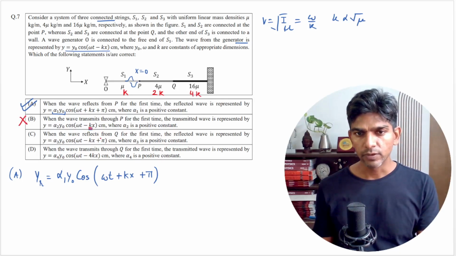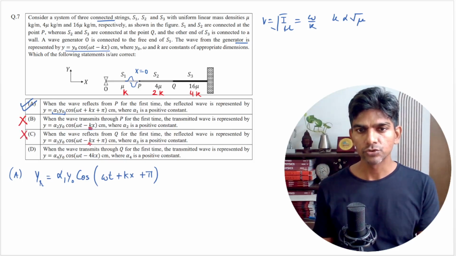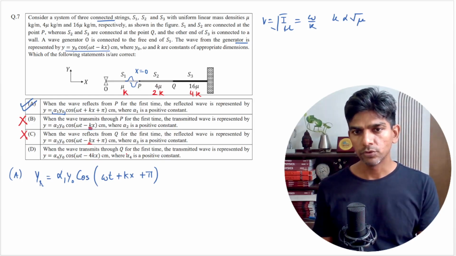When the wave reflects from Q, again they have taken k, which is incorrect. It should be 2k. Now let us see the last option. When the wave transmits from Q for the first time, the transmitted wave is represented by this.